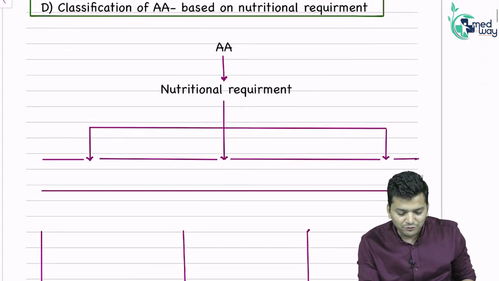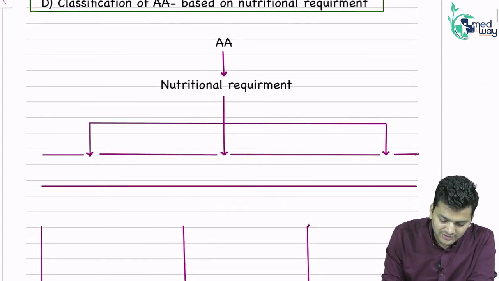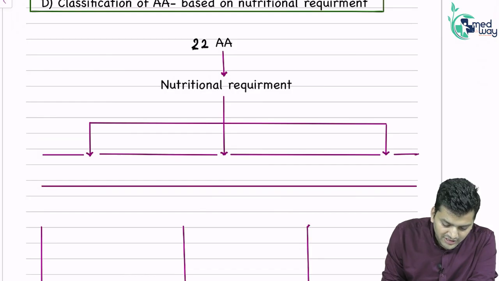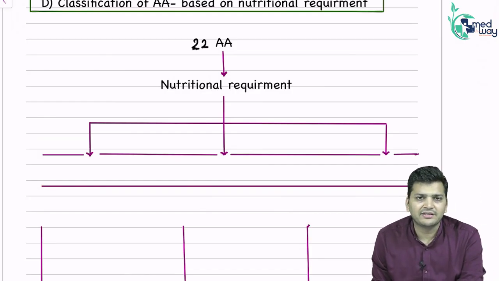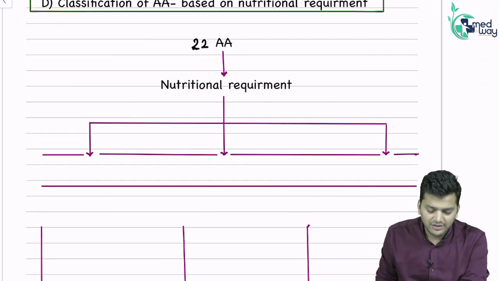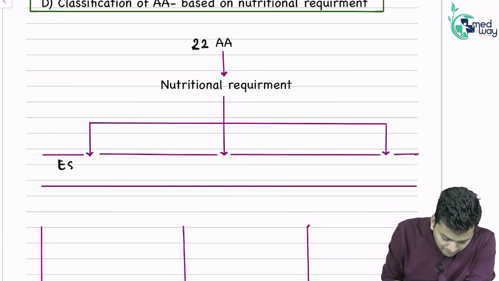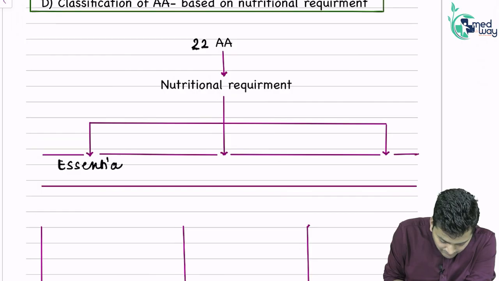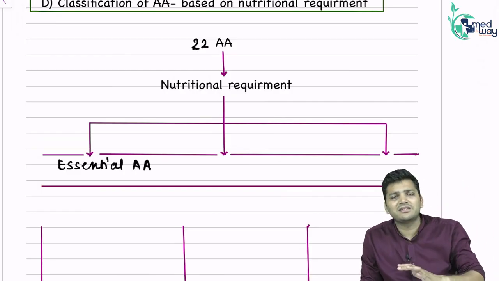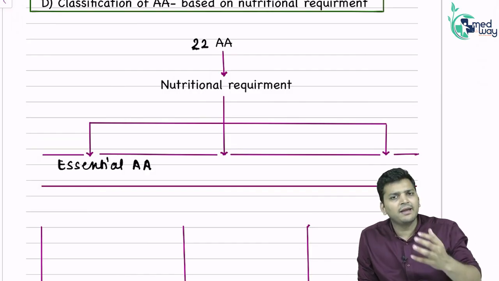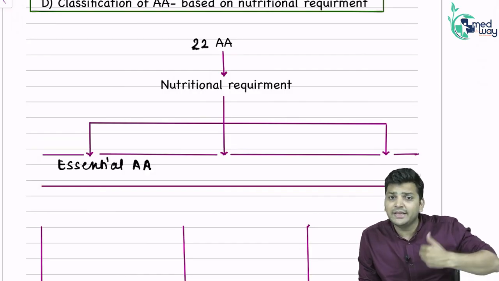On the basis of nutritional requirement, there are some amino acids out of 22 which are very essential to be taken in the diet. Our body cannot synthesize them. You have to take them in the diet. These are called essential amino acids. There are some amino acids which can be synthesized in your body. Whether you eat them or you don't eat them, your body will make them.